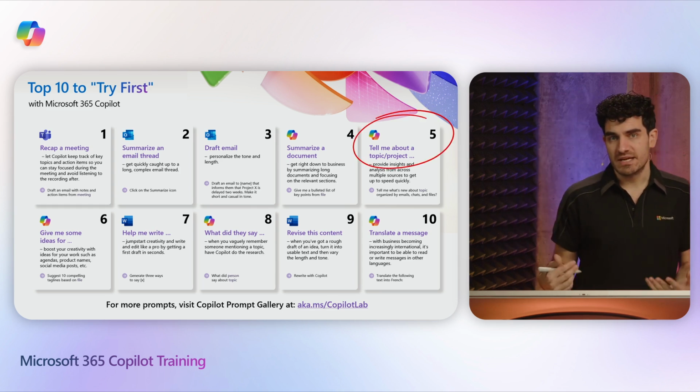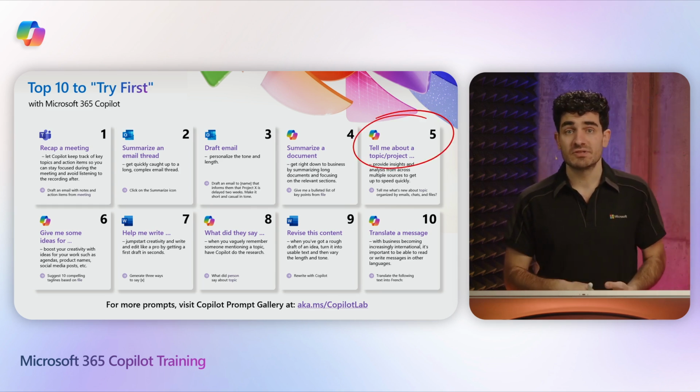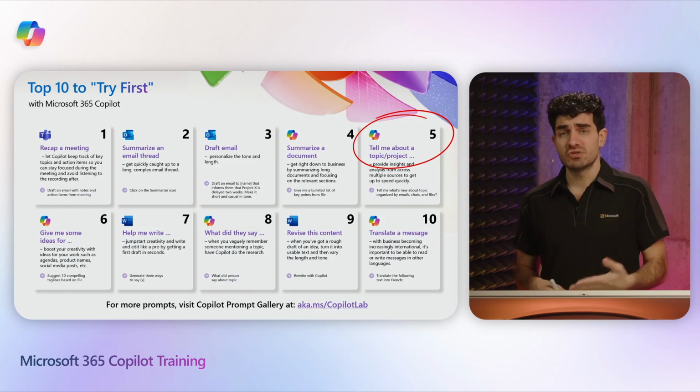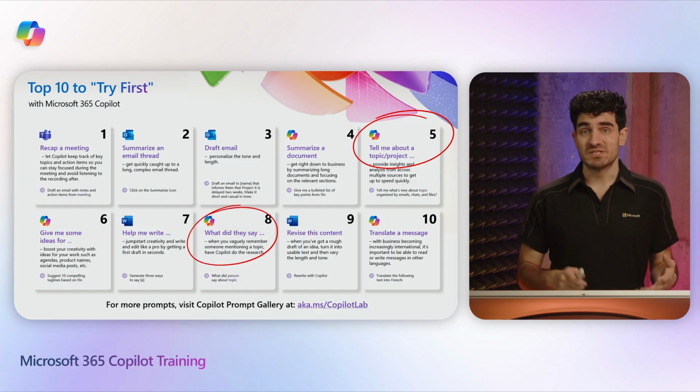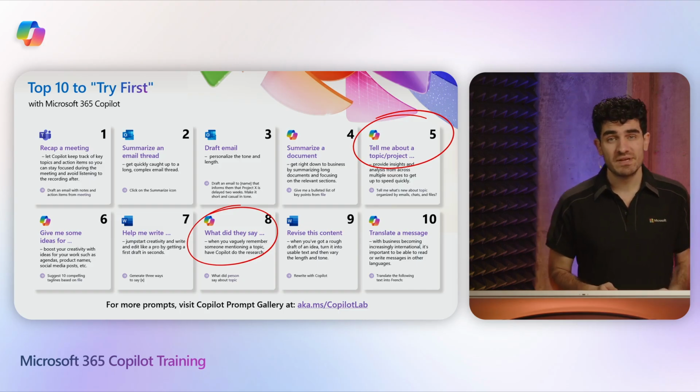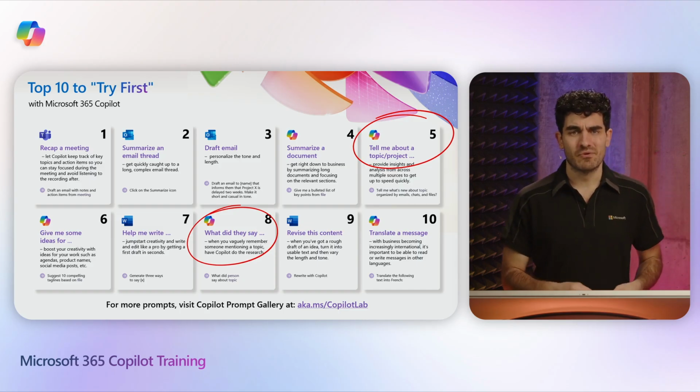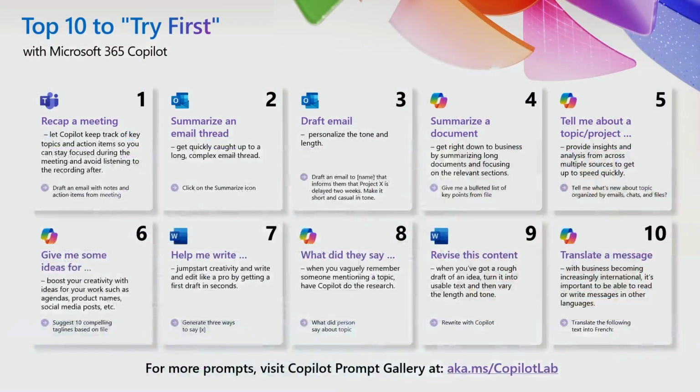Tell me about a topic or a project. Copilot can search company data to provide information on projects and then explain it in a natural way. This is particularly useful for new employees that are getting acquainted with their organization. You can also ask Copilot to revise existing content or even translate it, as I mentioned before, into any other language.